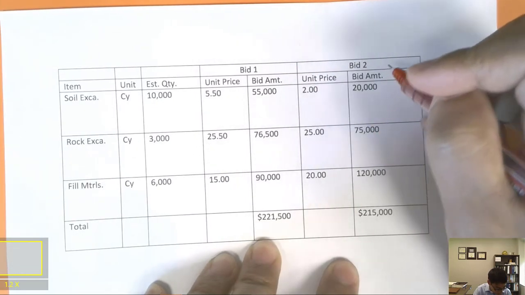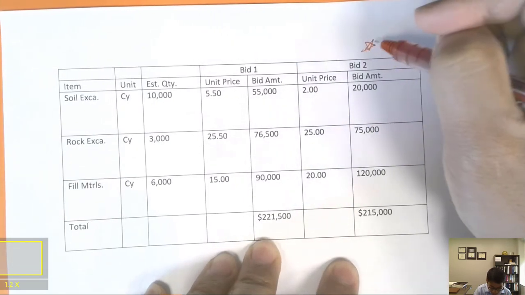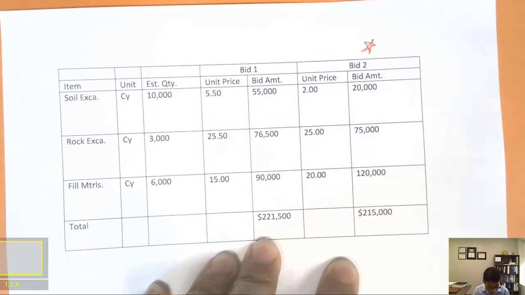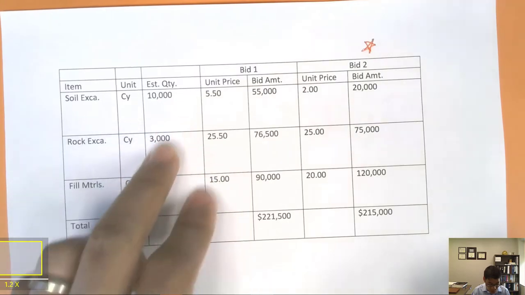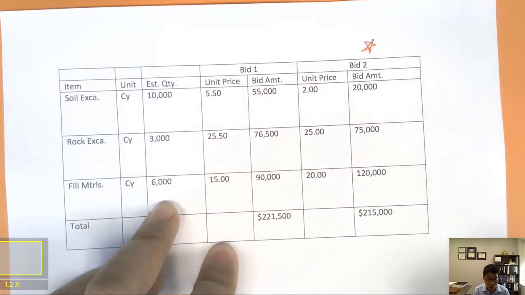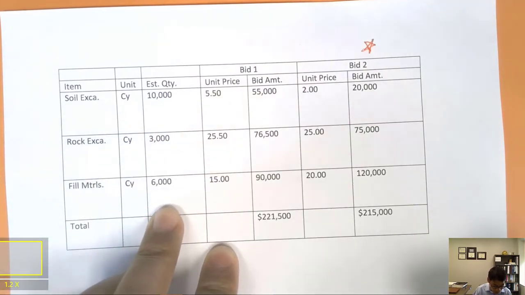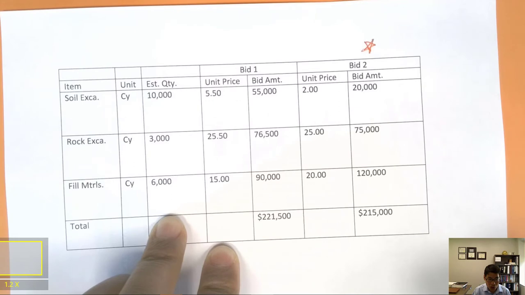So bid 2 would be the winning bid for the project, right? Now, since the estimated quantity would be different than the actual quantity, let's see how unbalanced bid works, and that can be a disadvantage to the owner if they cannot detect it.